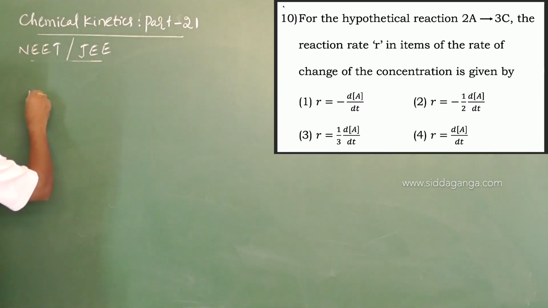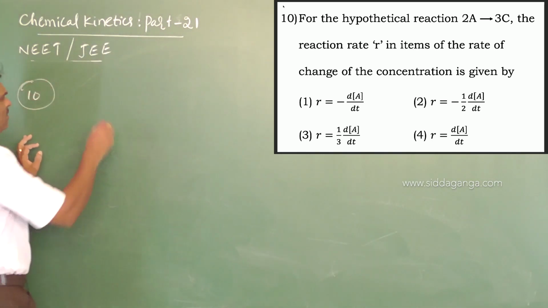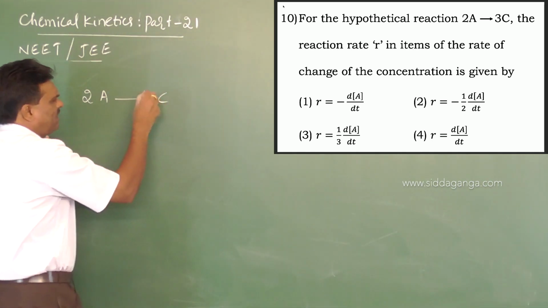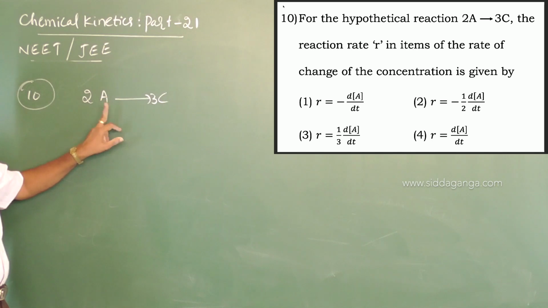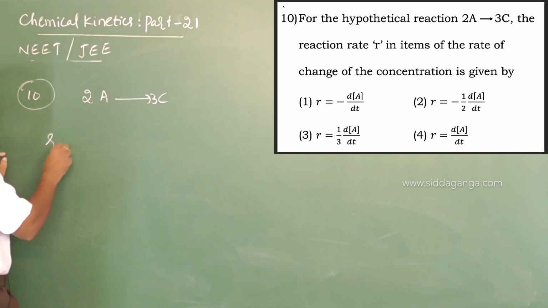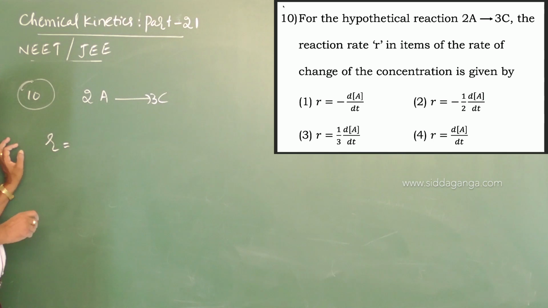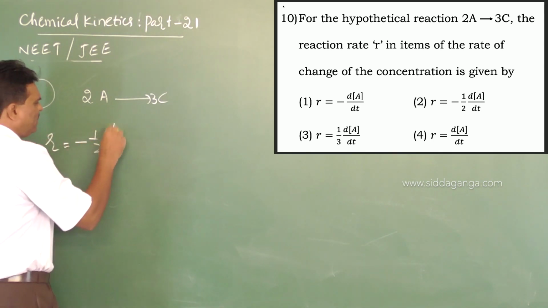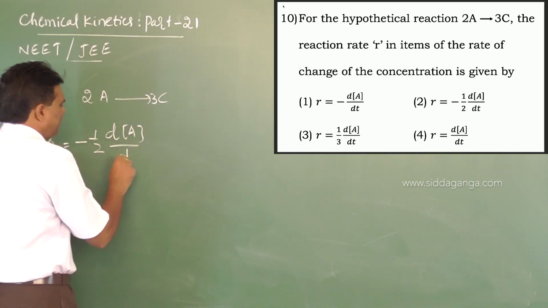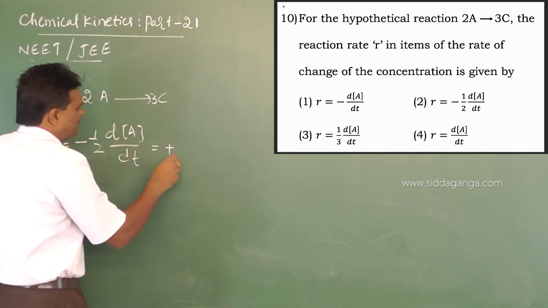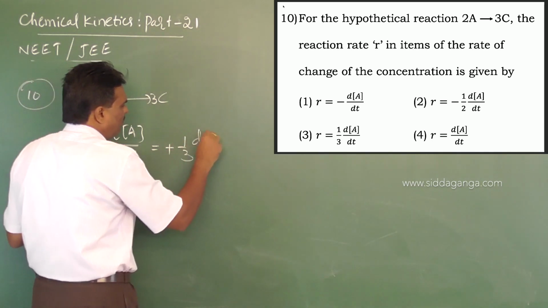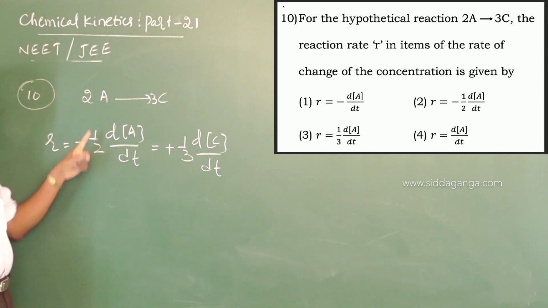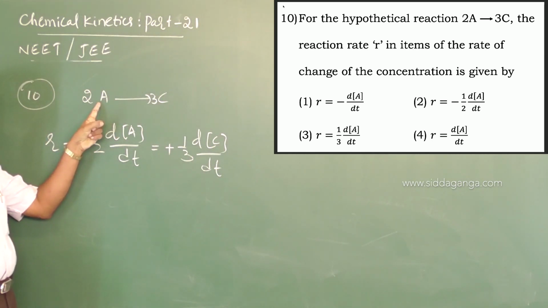Question number 10: for the hypothetical reaction 2A gives 3C, the instantaneous rate is equal to minus 1 by 2 into dA by dt, which is equal to plus 1 by 3 into dC by dt. So this is the instantaneous rate for the given hypothetical reaction.